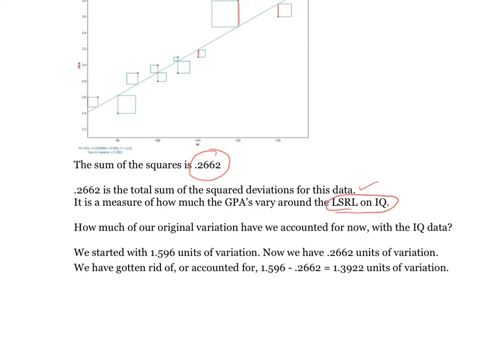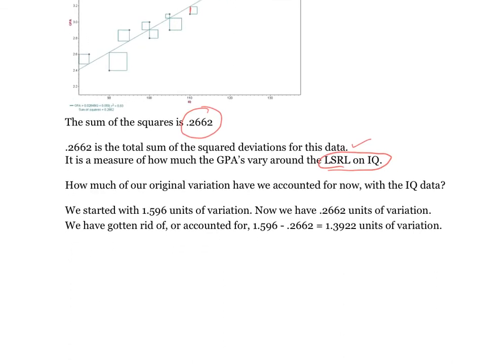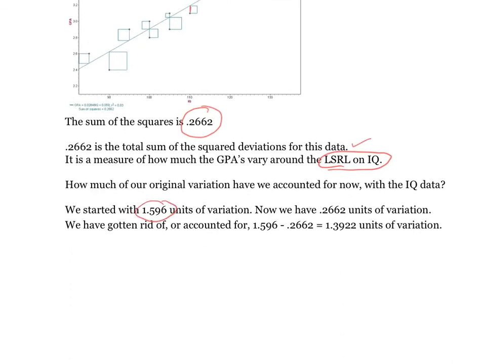Okay. But let's check this out. How much of our original variation have we accounted for now with the IQ data? Remember, we originally had this much variation when all we were using was the average GPA to make our prediction. Now we only have 0.2662 units of variation.